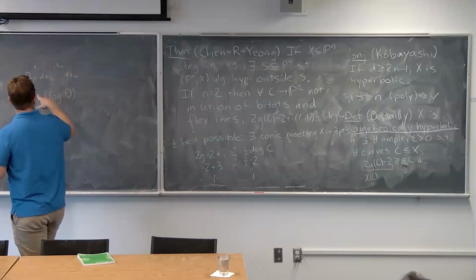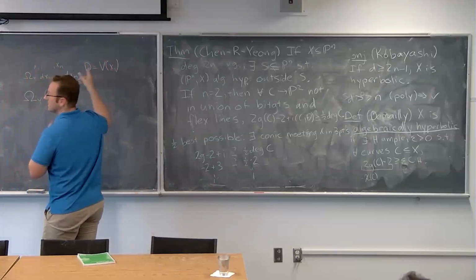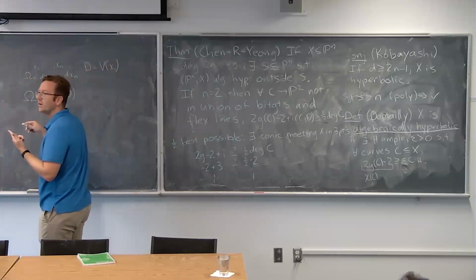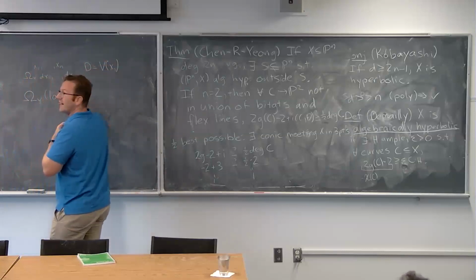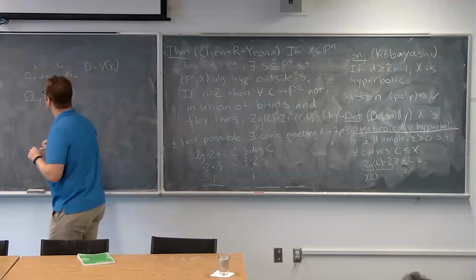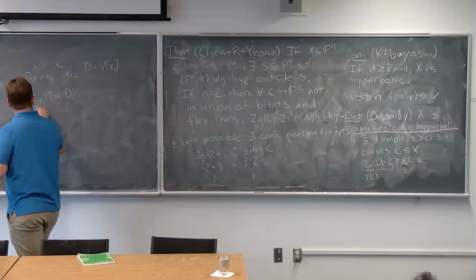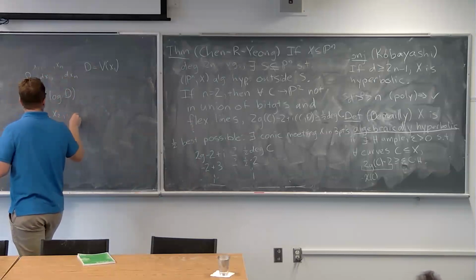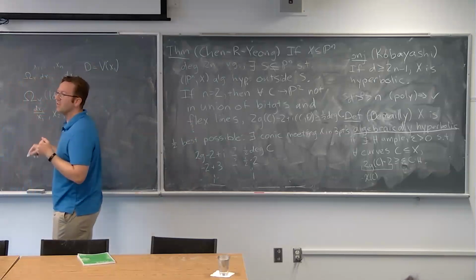Suppose D, our divisor, is the vanishing of x1. Then in local coordinates the log forms are generated by dx1 over x1, dx2, up to dxn, and this is the logarithmic derivative, the derivative of the log of x1.